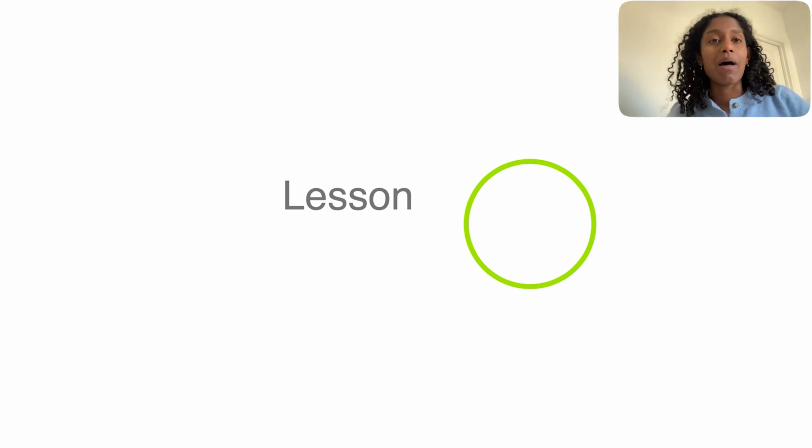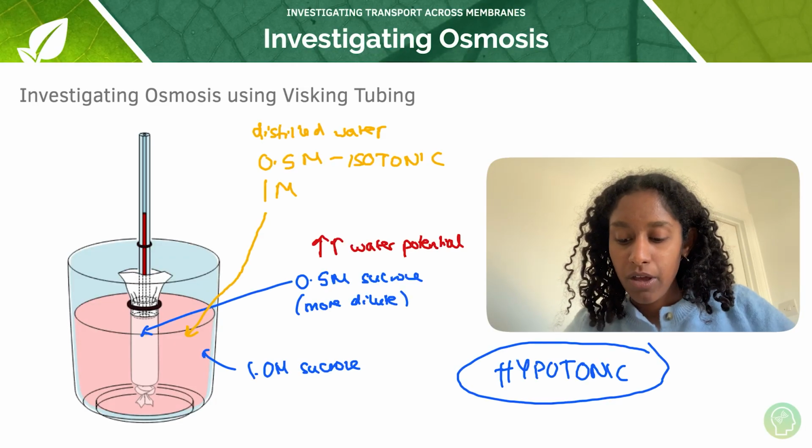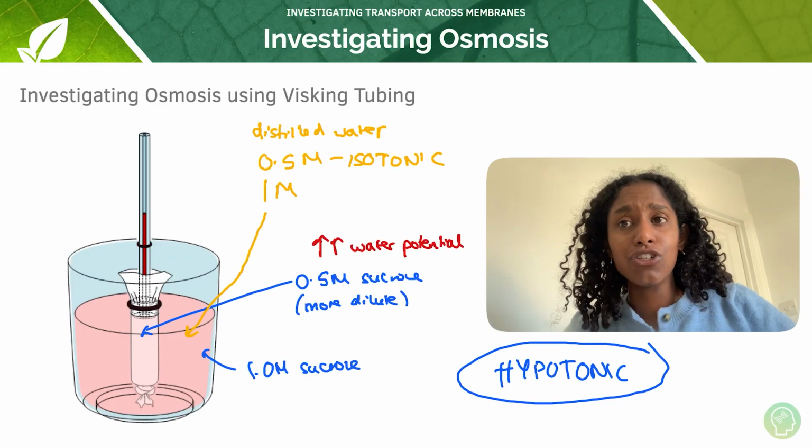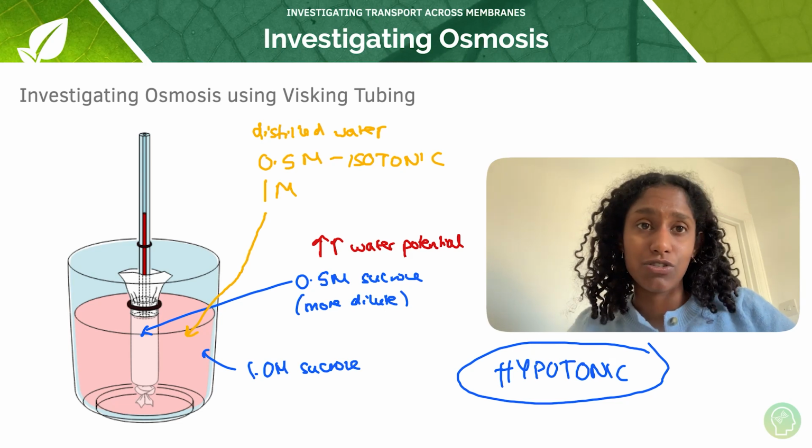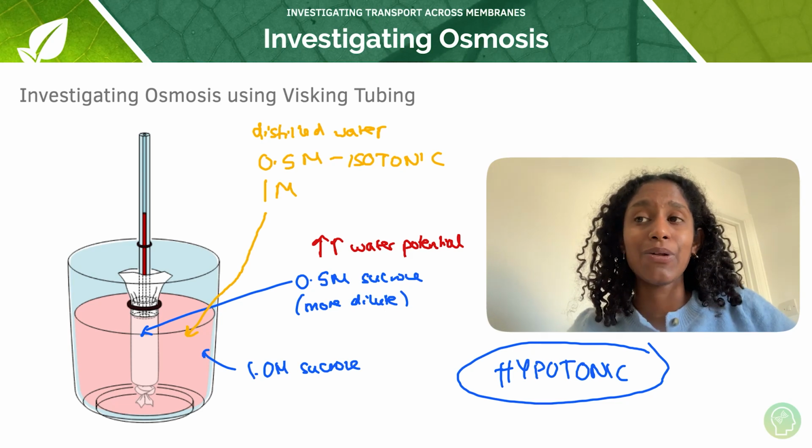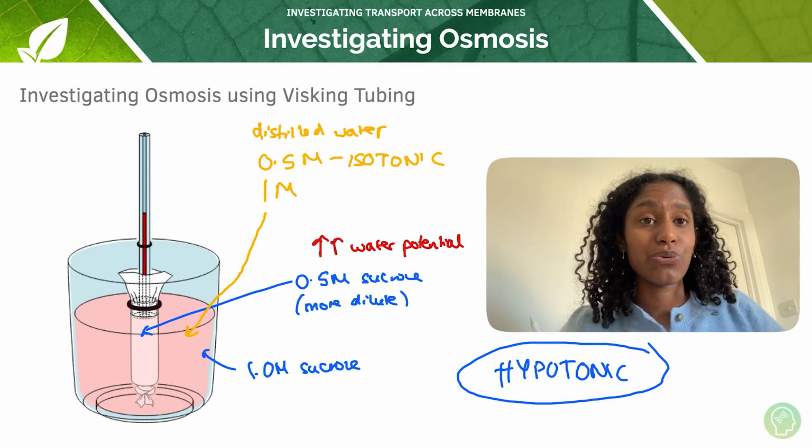And remember, we always talk about it as the net movement of molecules. My top tip is to always think about which solution contains the higher or the lower concentration, and then you're always going to be able to work out where the net movement of particles is going.